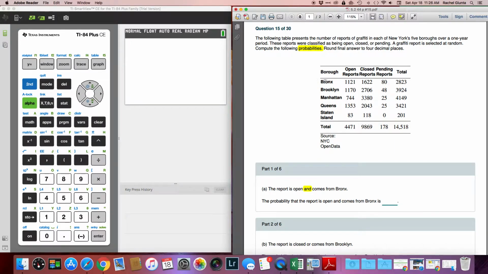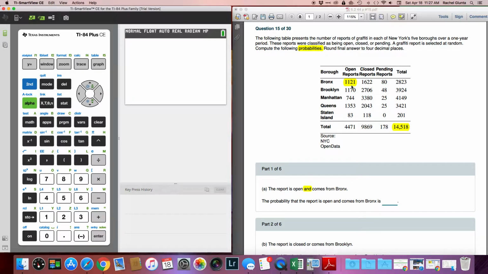If it comes from the Bronx, it's going to be in this row, and if it's open, it's going to be in this column, and the one number that fits both the Bronx and open is 1121. With all of these, we're going to be dividing by this total, 14,518. There's a whole bunch of totals here, but this is the total of all the reports from all the boroughs, open, closed, and pending. So that's the grand total.